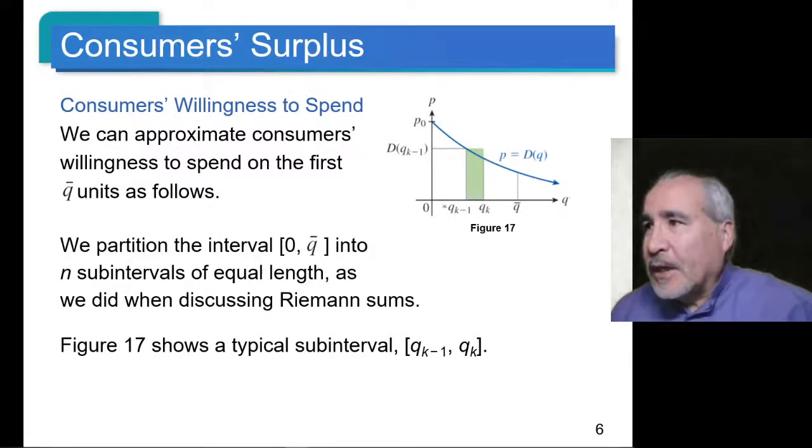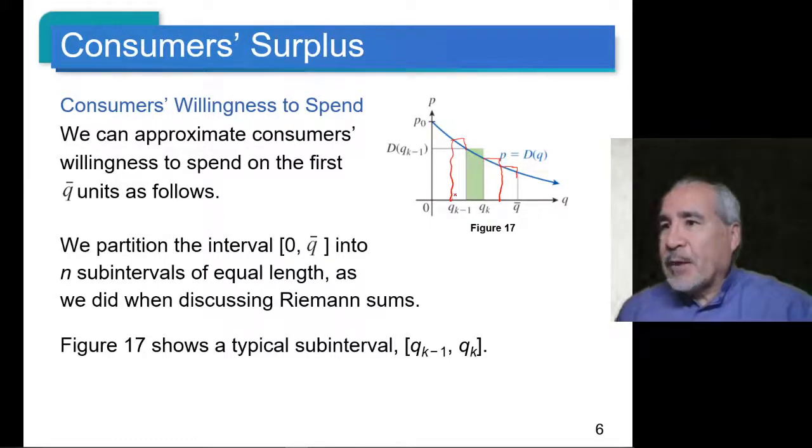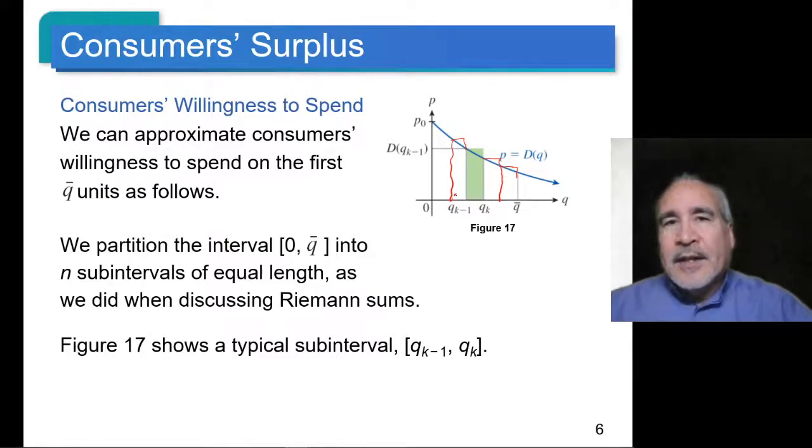So we partition from 0 to Q into so many subintervals, and here's one subinterval. Doing Riemann sums, here would have been another one. So we could do these Riemann sums. This one would have looked like this, kind of a mess, but we'd have all these Riemann sums.